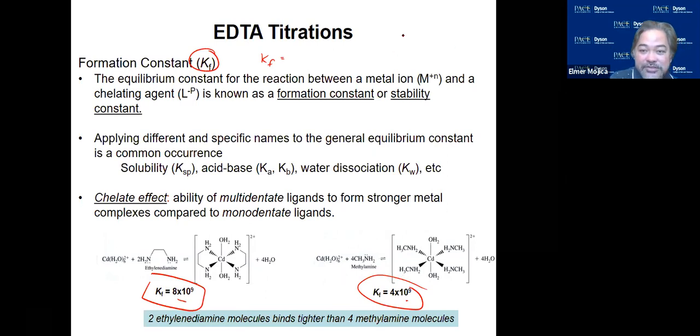That's another way of interpreting what the Kf value means. Higher Ksp means more soluble. Higher Ka or higher Kb means a stronger acid or a stronger base, respectively.